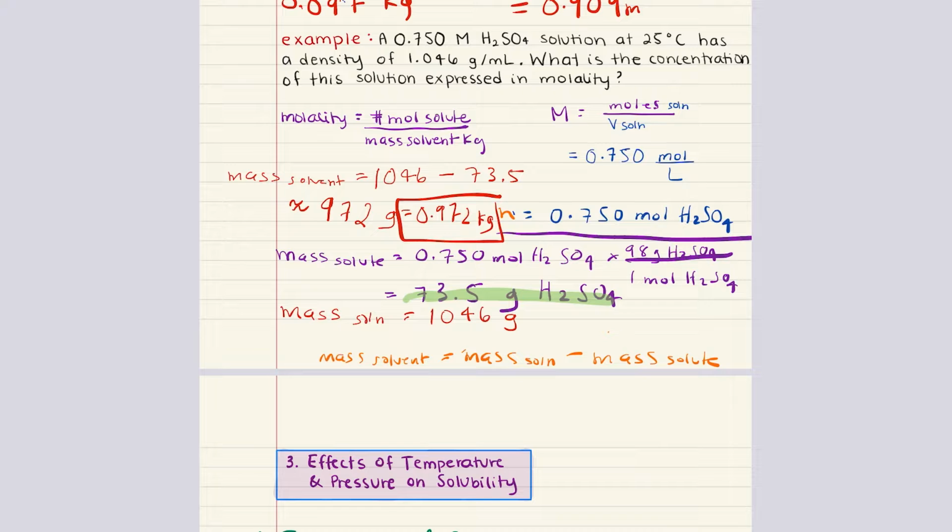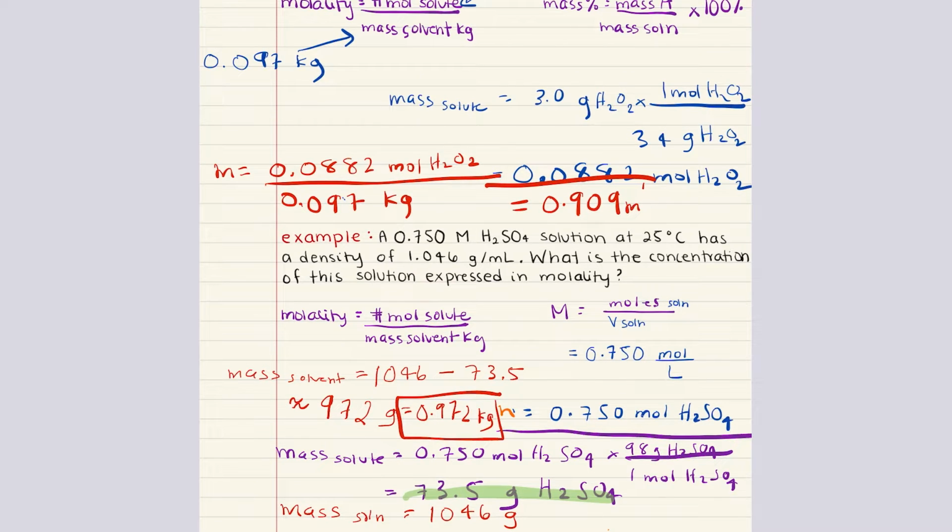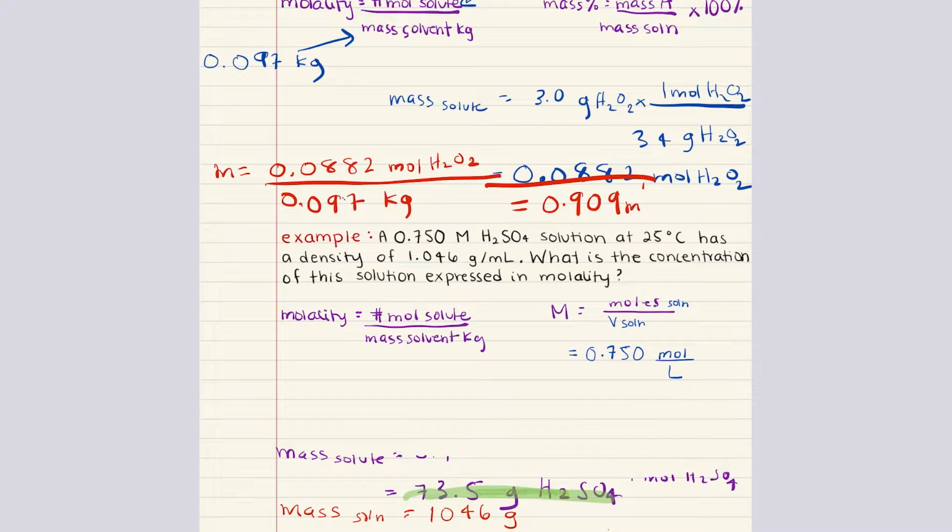Now we know the number of moles of solute, 0.750. And now we know the mass of the solvent. We can easily calculate the molality. So let me erase some of this work right here, and we're going to plug it into our equation.